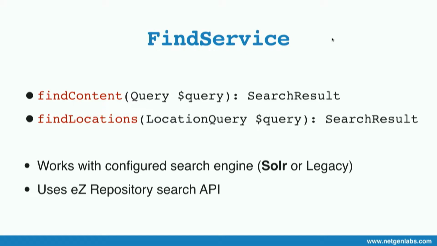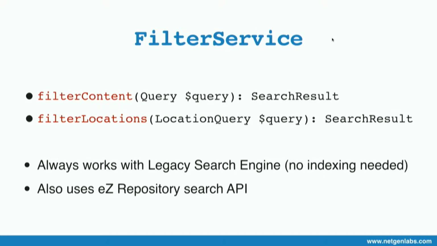This is important because we also have the filter service, which is basically the same, but it's a different interface and differently named methods that also use the repository search API. But the difference is this works only with the legacy search engine. And the important difference is that this search engine has no delay with the data update. So you don't have to index data in order to make it available for search.